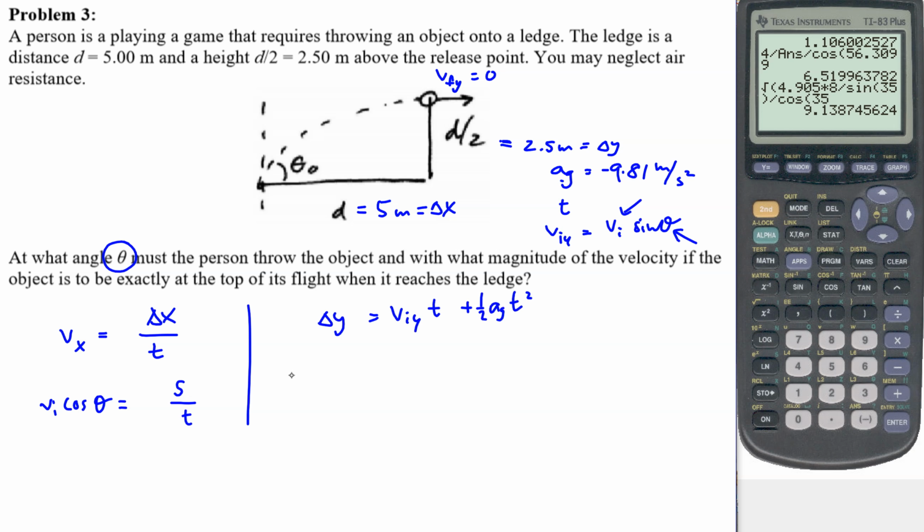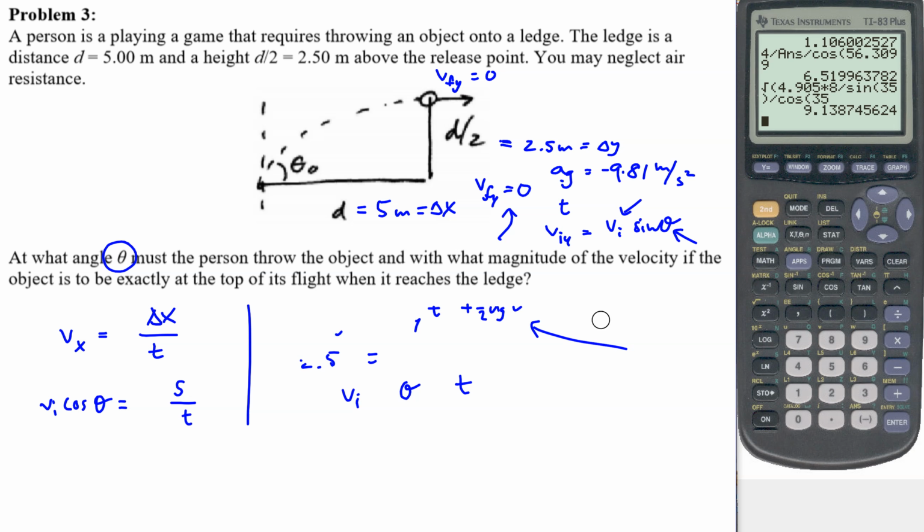And if you plug in delta y is 2.5, the initial y, oh, hang on. The final y velocity is 0. Maybe I should use an equation that has that. That's extra information. If I go with this equation, I'm going to end up with 3 unknowns, Vi, theta, and time. So let me try a different equation and see if that helps.